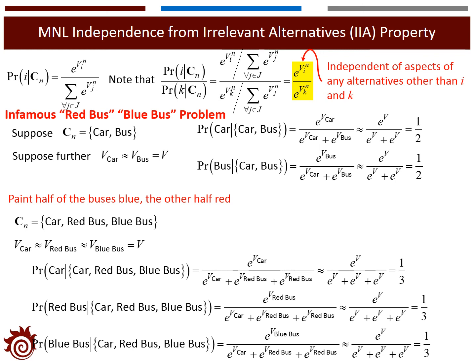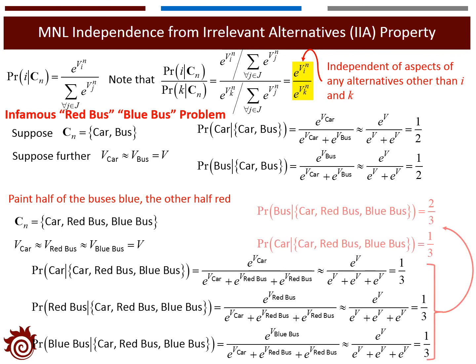The probability of car is 1/3, red bus 1/3, and blue bus also 1/3. Summarizing this result, the probability of taking the bus becomes 2/3, and taking the car is 1/3. This result is obviously different from the previous one, and it's actually counterintuitive.